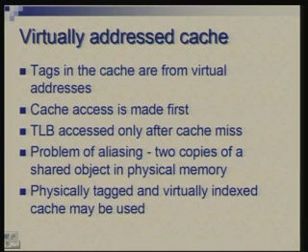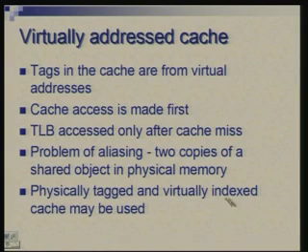That means the tag part is coming from the physical address, but the index is coming from the virtual address, or in fact it is a bit of a misnomer, because the index part is the same in virtual and physical address. Alright, we are picking it up from the virtual address, but this part even if picked from the physical address would be unchanged. So, that is a very inexpensive arrangement and is very useful.